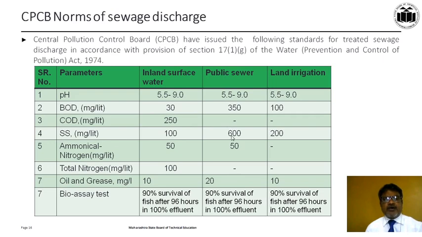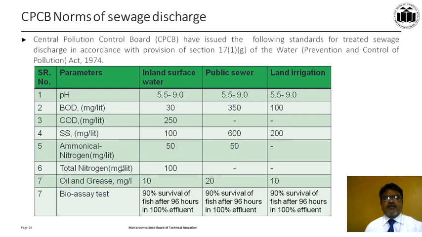For public sewer, it should not be more than 600, and for land irrigation, it should not be more than 200 mg per liter. Ammoniacal nitrogen for inland surface water discharge should not be more than 50 mg per liter. For discharging into public sewer, it should not be more than 50.